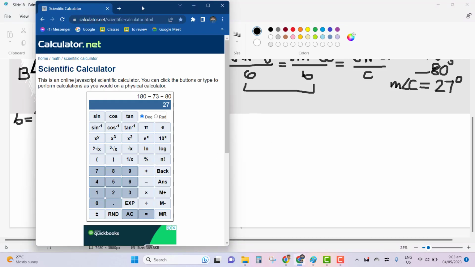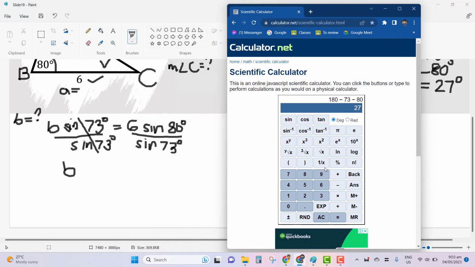Let us use this scientific calculator. So we're just going to input all details at once, but please don't forget that you could always use parentheses to separate the numerator from the denominator. We're going to use parentheses, 6 sine 80 degrees, close, close, divided by sine 73 degrees. Take a look at the result.